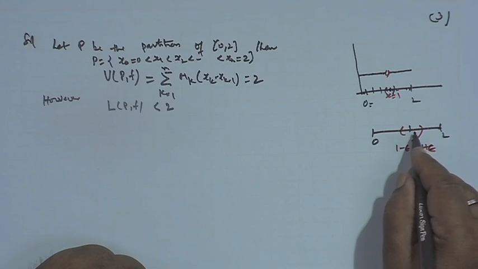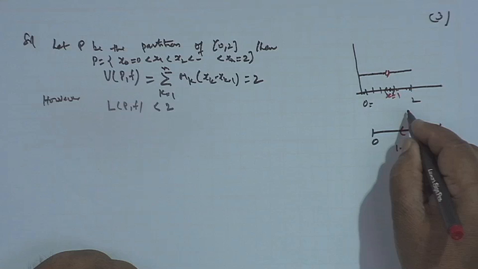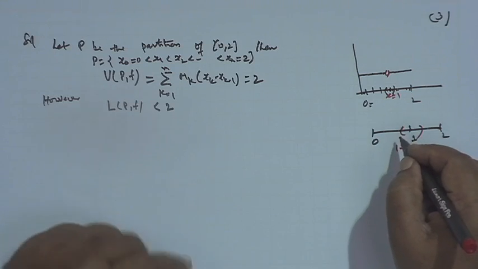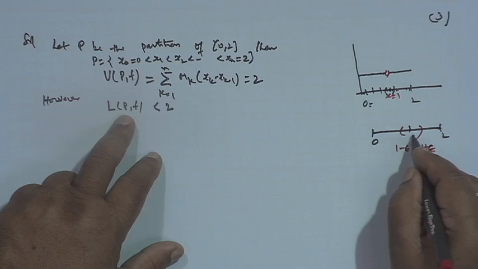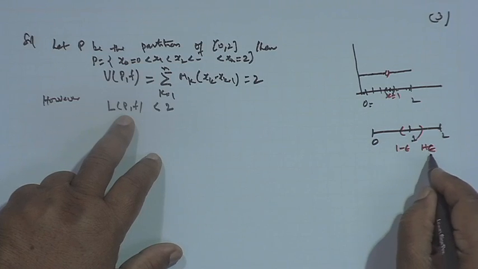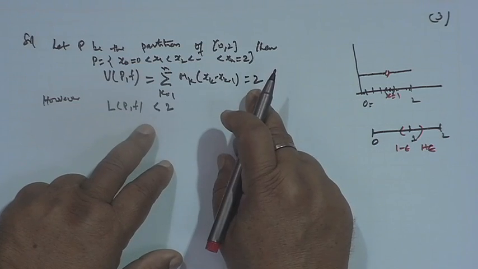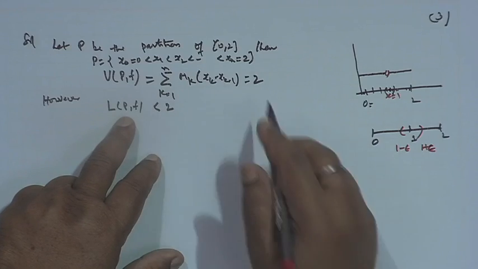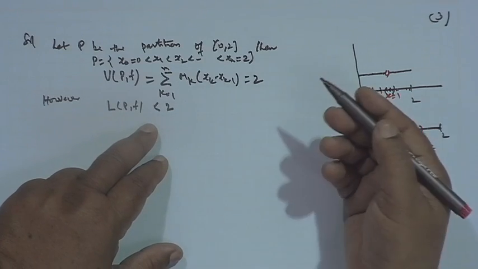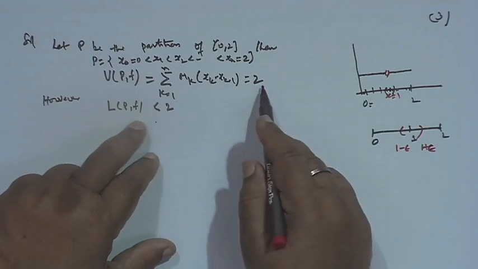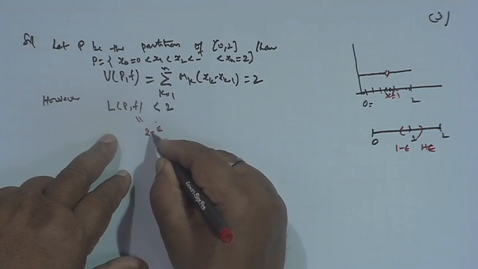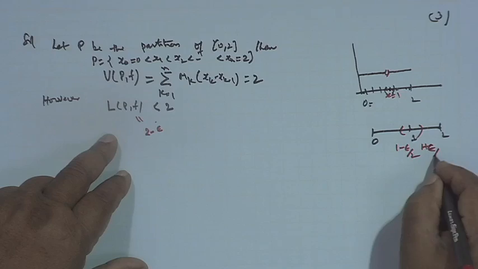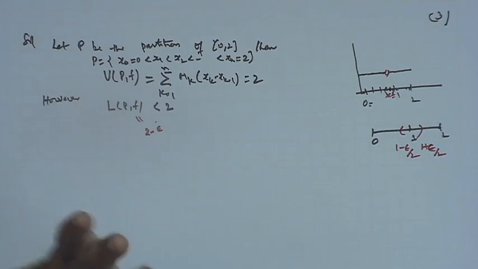In this subinterval, at least this point is 0, so the minimum value is 0 there, and the lower sum will lose the 2 epsilon length. So, this will be 2 minus 2 epsilon, or, if we take epsilon by 2, 2 minus epsilon. So, it is strictly less than 2. This is clear from here.